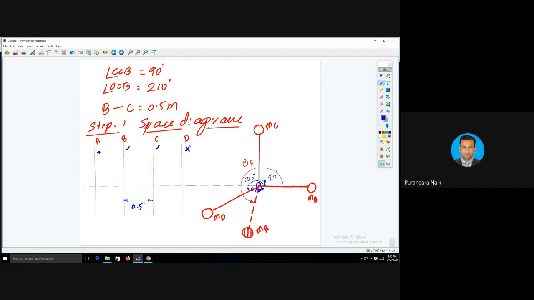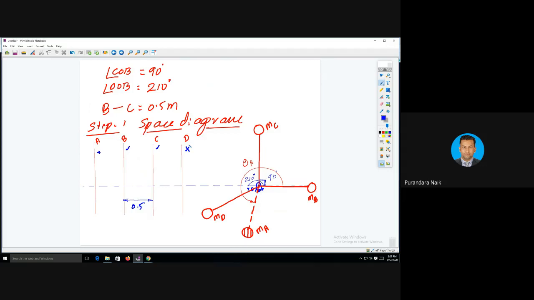So you cannot select D. You need to select the plane in such a way that you have a minimum number of unknowns. If you select B, you get 2 unknowns, 1 known. C, 2 unknown, 1 known. But D and A would give all 3 unknown distances. That's why you can select B or C.